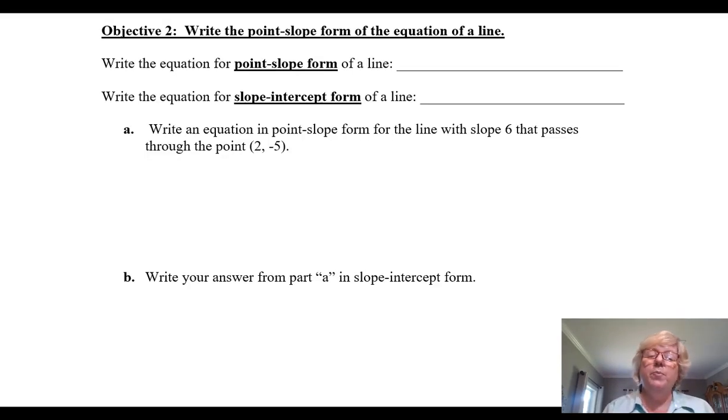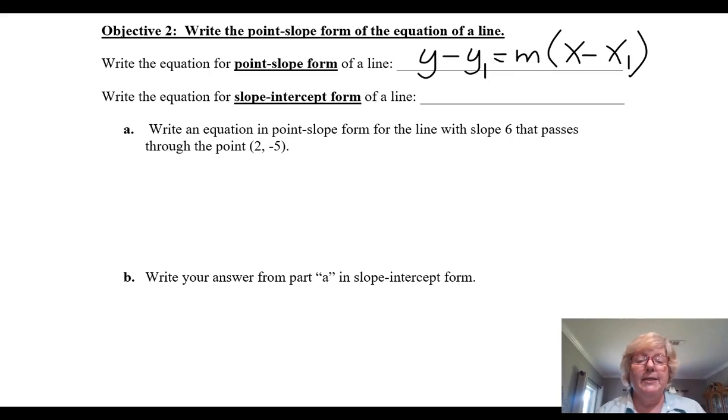Now, there's another important formula that goes along with linear functions. First is called the point-slope form of a line. The point-slope form of a line is this: y minus y1 equals m times x minus x1.